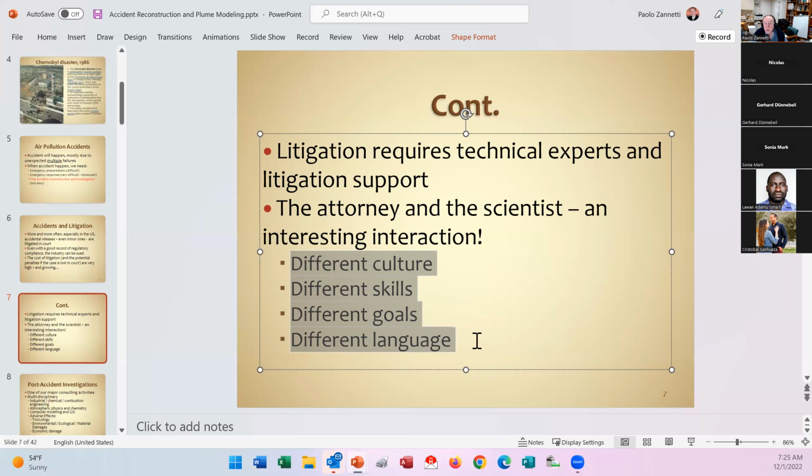Basically, you are not an attorney; you are just a scientist. So you work with attorneys, but you have your own culture, your own goals, your own language, and you have to try to help your client, of course, as much as you can without bending science, without changing numbers, without doing anything illegal or unethical.